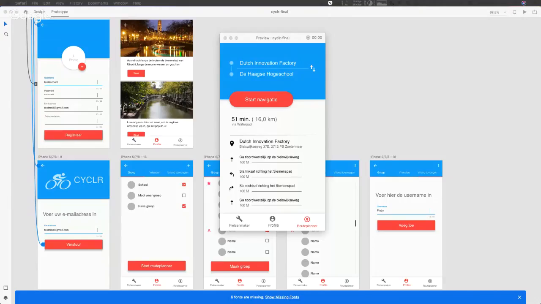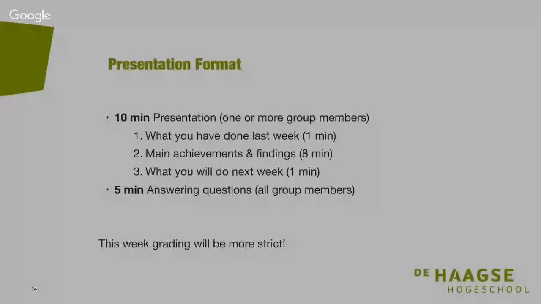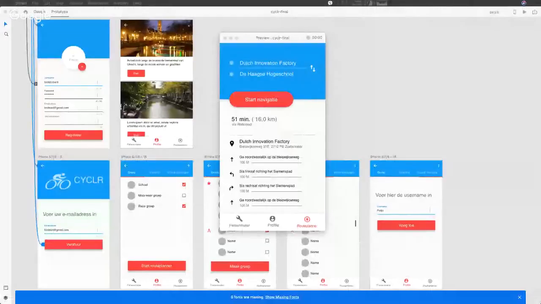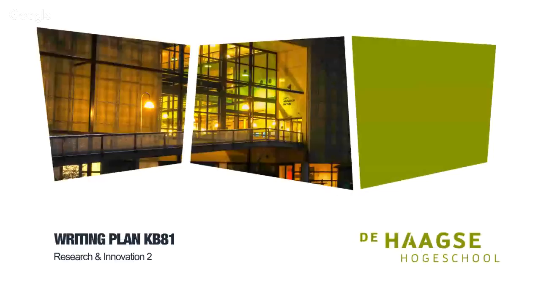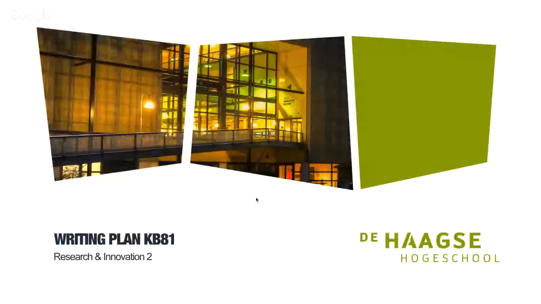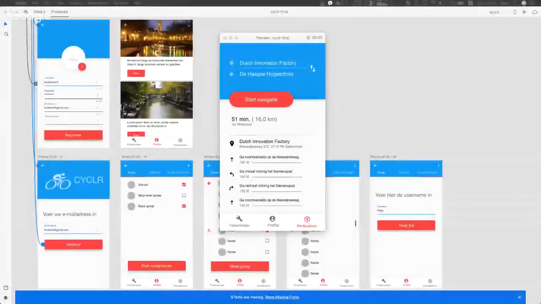And here we go. Is this the correct one? Yes. Writing plan. No, it should be writing proposal. Writing proposal.